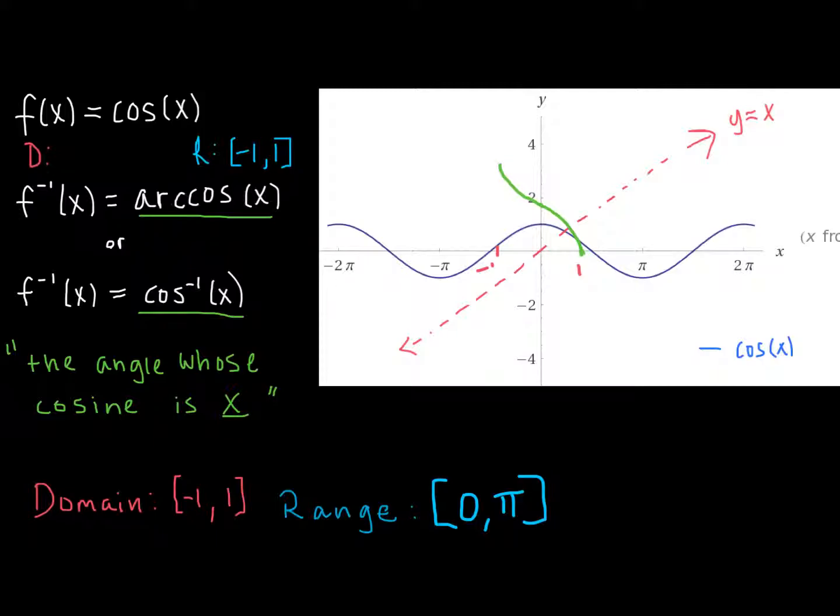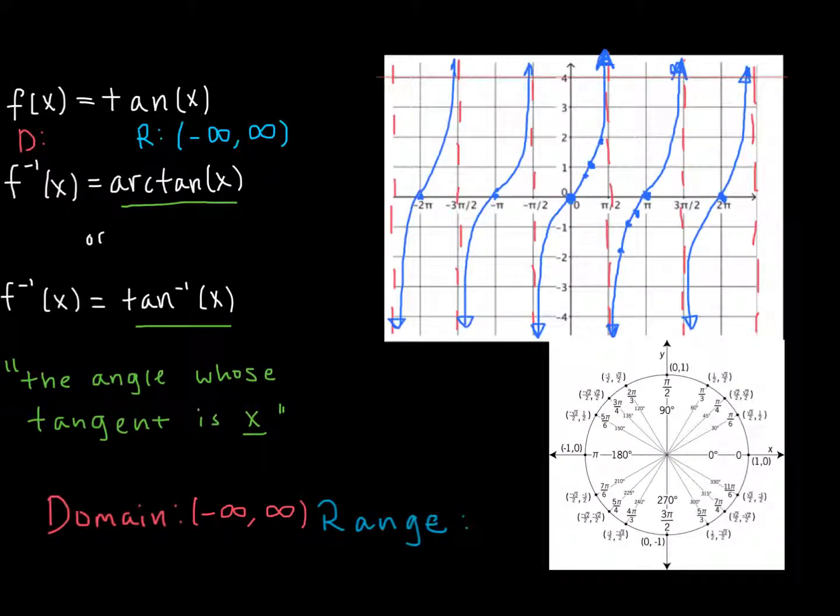All right, now let's take a look at inverse tangent. To help us understand what inverse tangent is doing, it's helpful to look at tangent of x. We remember, since we just graphed this a few minutes ago, that tangent of x has some vertical asymptotes, because you can't define the tangent at pi over 2, 3 pi over 2, negative pi over 2, and so forth.